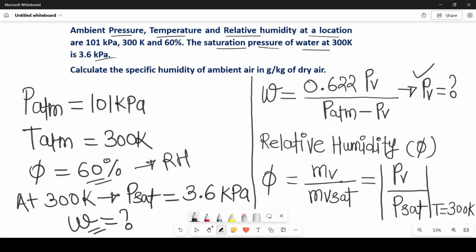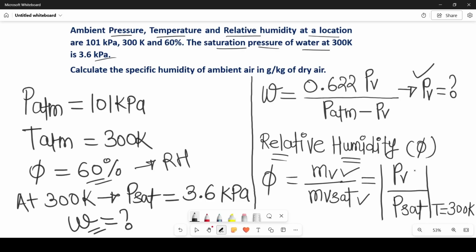Relative humidity is the ratio of the actual mass of water vapor present in a given sample of moist air to the maximum amount of water vapor present in that same air when it is saturated. Relative humidity can also be written as a ratio of pressures.